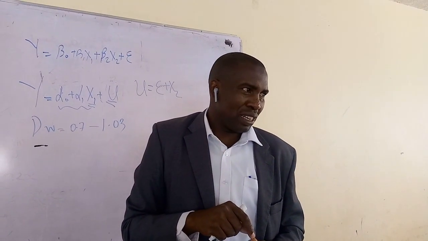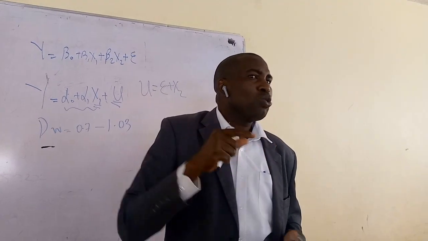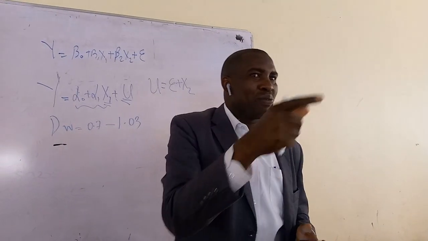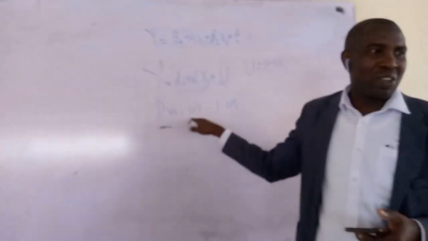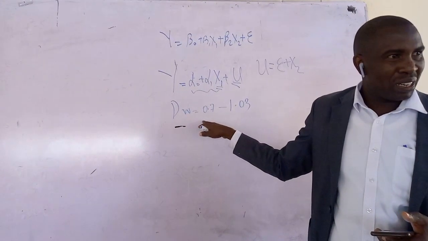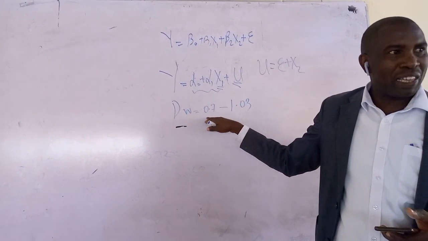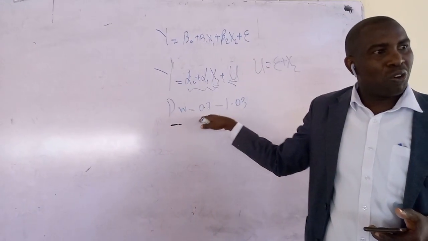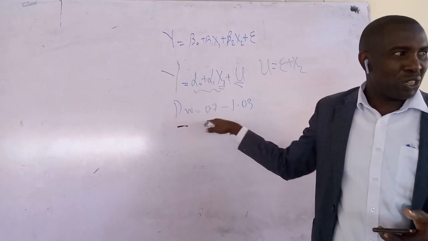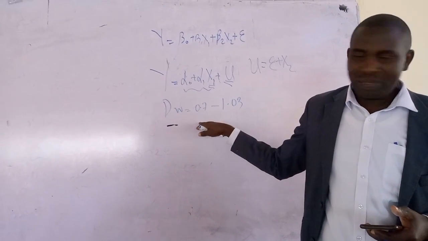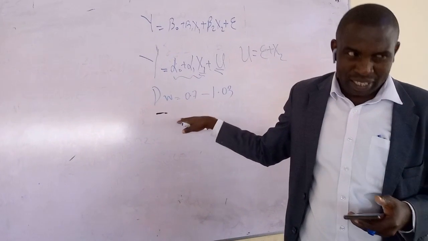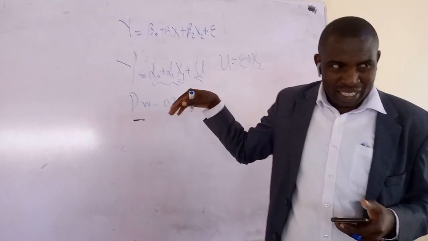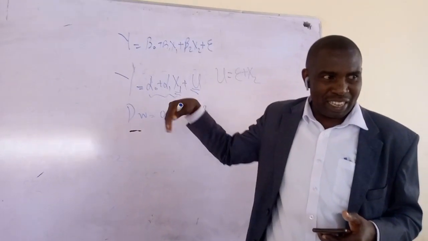Are you seeing that? So that's why when you test, you will find that the DW value is 0.7. So this is an implication of impure autocorrelation or serial correlation. It is caused not by the errors being related, but by the omitted variable in that error that is being related.